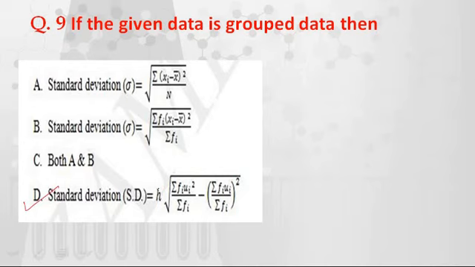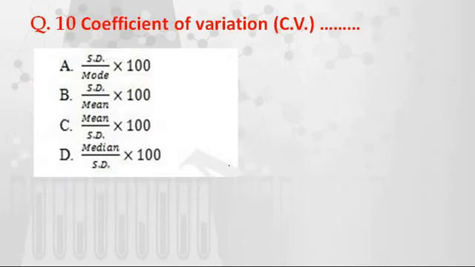So option D is the correct answer for question number 9. Obviously here there is no H, here also there is no H. This is for individual series data. Option B is for discrete series data. So option D is the correct answer for question number 9. Let us proceed for the next question.